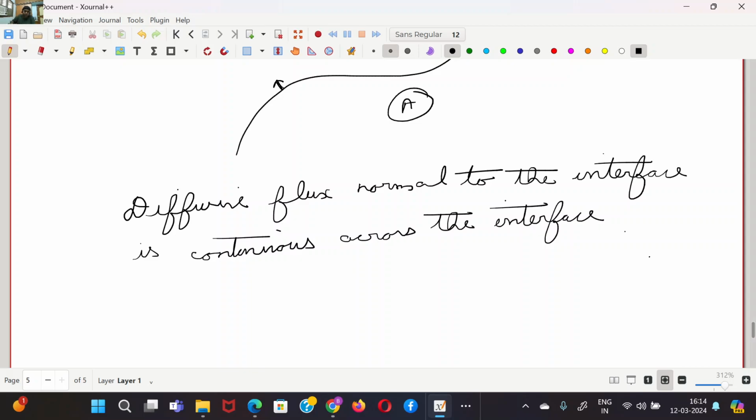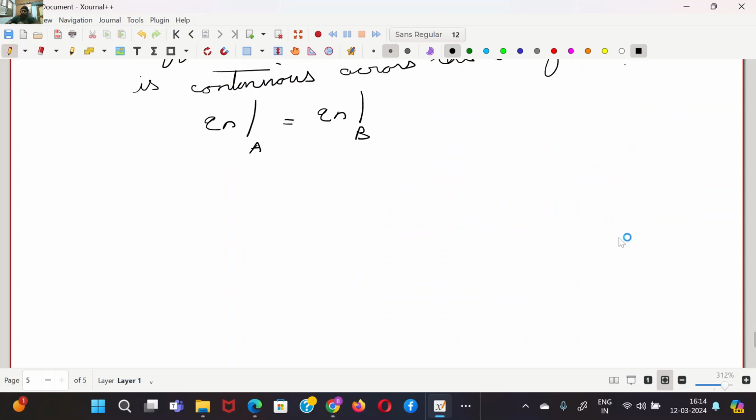The normal direction for A and B is the same. If there was some heat source present, it would be accounted for by simply a term like QnB minus QnA, or vice versa, depending on the temperature gradient, but we generally don't take a heat source.